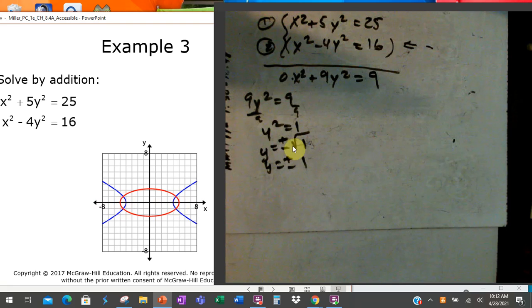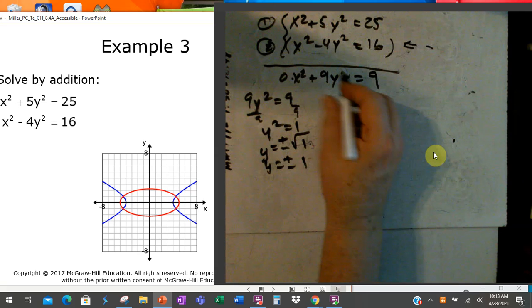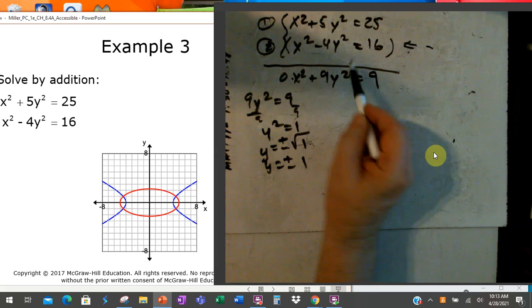This is the one that I've solved for. So plus and minus 1 is my y. I don't have an x yet. So I've got to go back through and solve for my x. Okay, and I've got to do 2 versions of this thing.